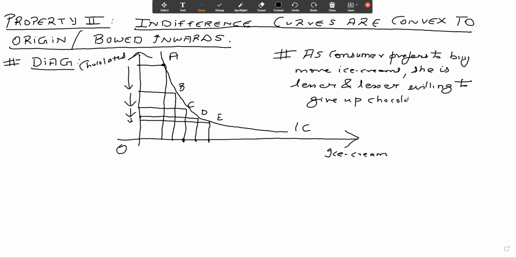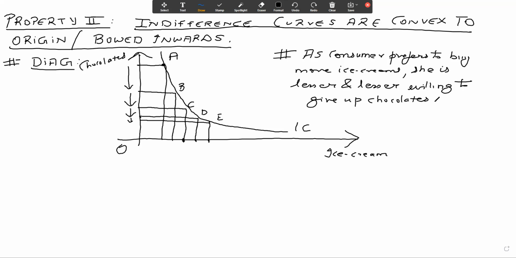Every time you buy one more ice cream, you will be willing to give up fewer chocolates because chocolates are growing more important for you now that you are losing them. When you start losing something, it becomes more important for you. That is why you can see they are convex. It's coming out as a bowed inward shape.